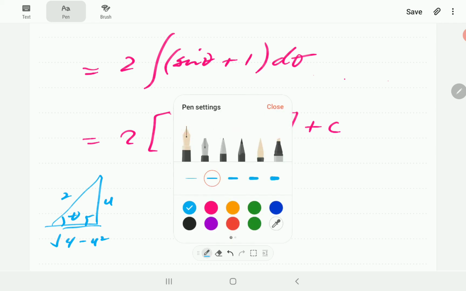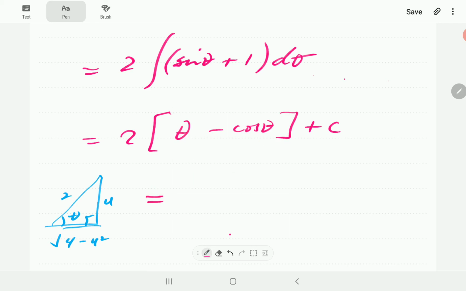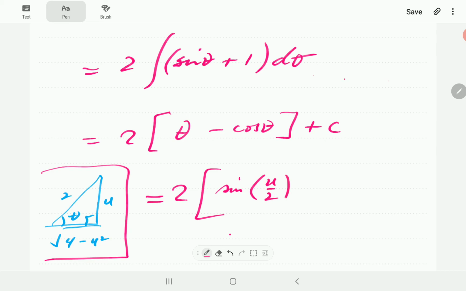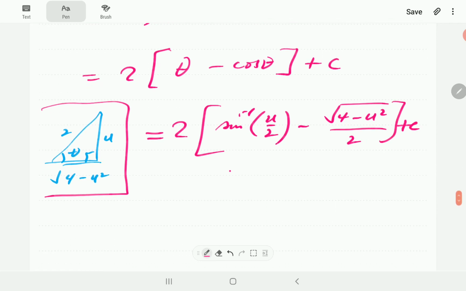So theta is inverse sine of u over 2. Then cosine theta is going to be the adjacent over the hypotenuse, and then plus c.